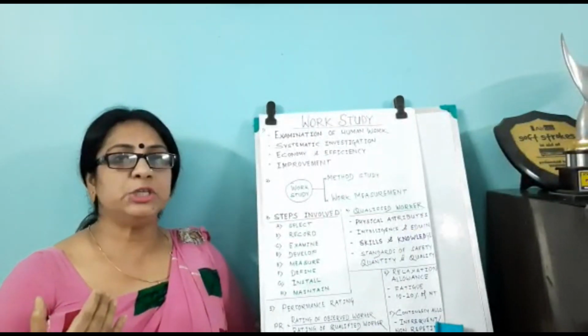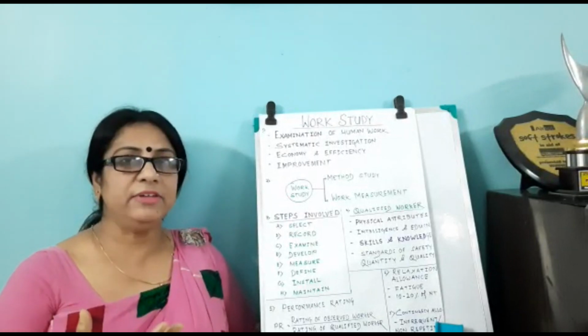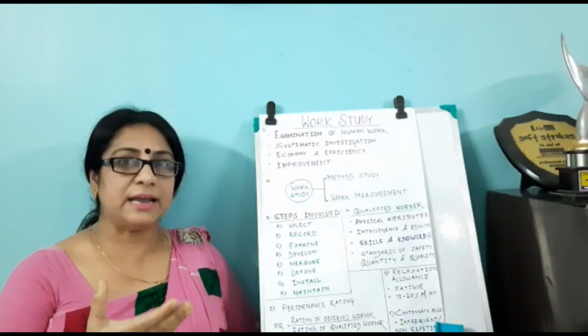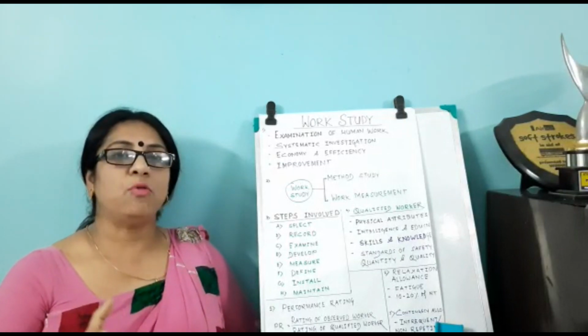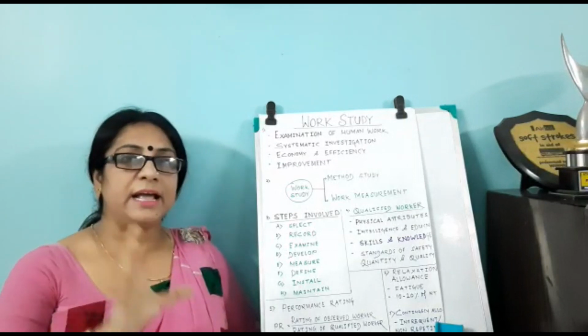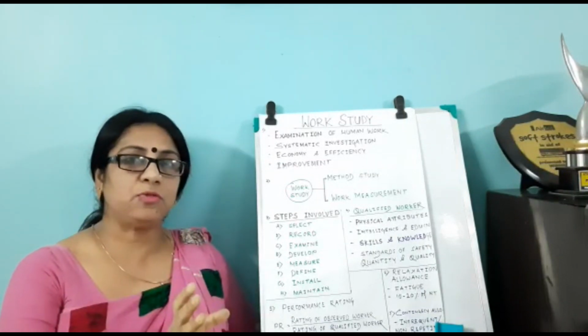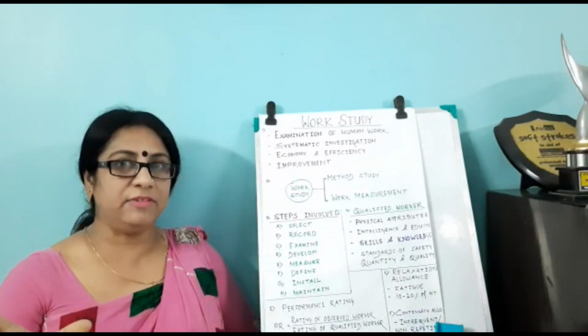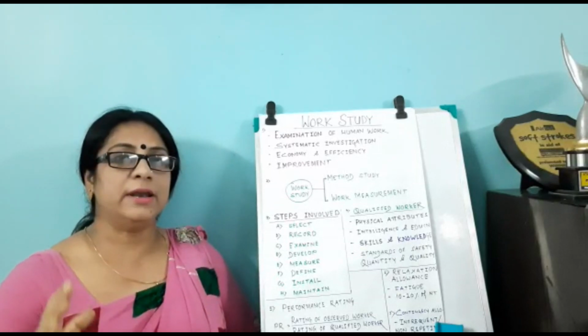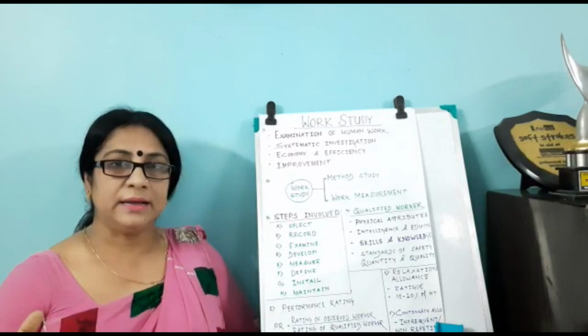And the industrial engineer tries to understand which activities are needed and add value to the system, and which activities do not add any value to the system. That means he tries to segregate value-added activities from non-value-added activities, and the non-value-added activities are to be curtailed.